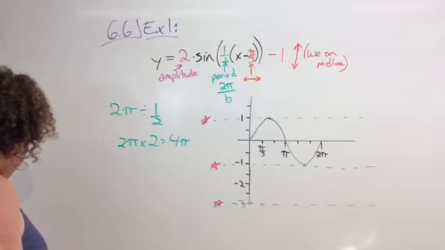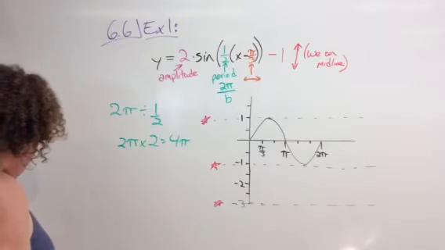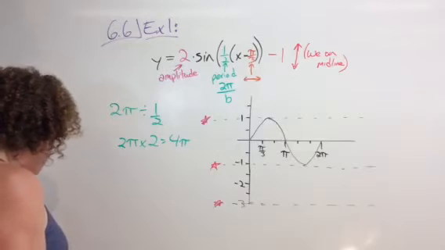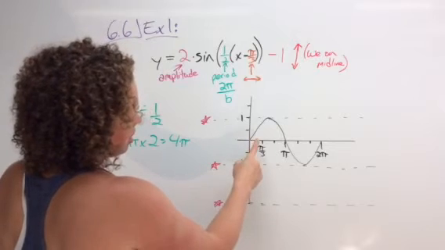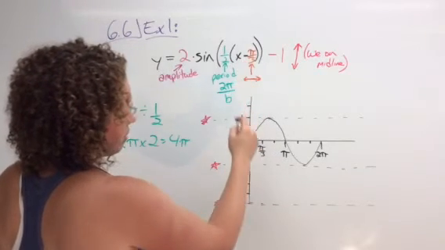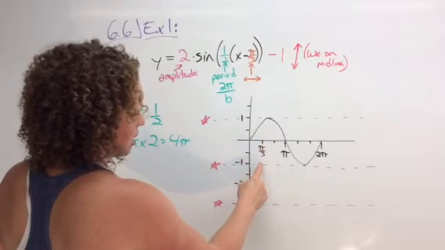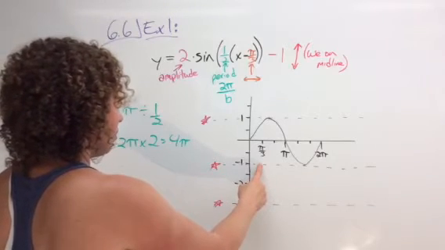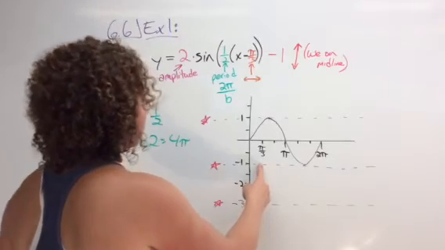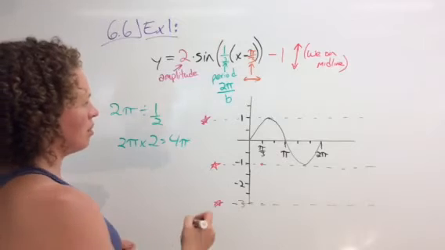So if I have this as my starting point, then I'm going to move it minus pi over 3, so negative pi over 3 that way. But this is on the midline, so it's actually going to go here. So I'm going to draw my wave with the brown pen.